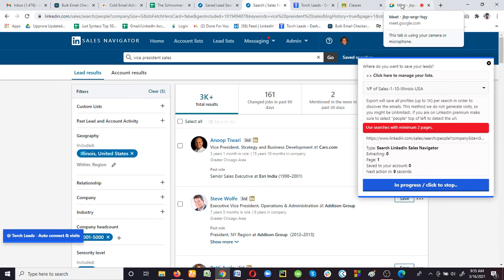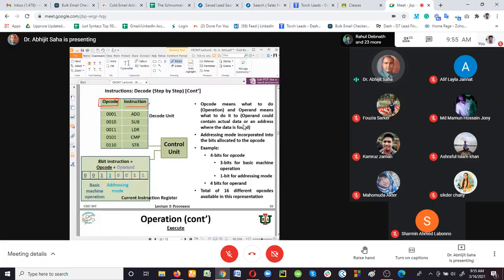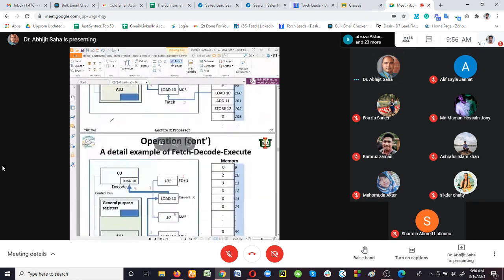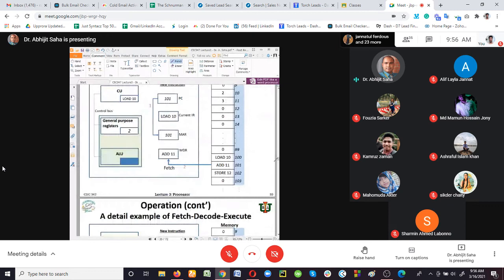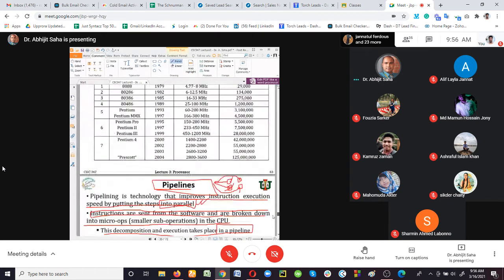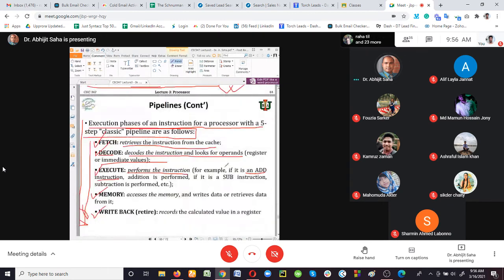Look, this is my opcode, my operation code, and the opcode means the instruction meaning. So when the operation code is add, in the execution stage it will be known that the addition is going to be performed.